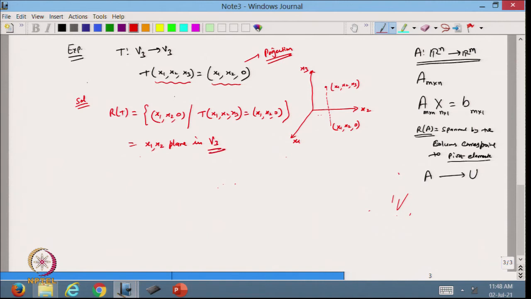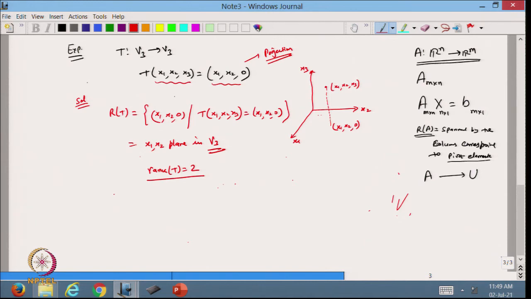That is my whole range space, because for any value of x1, x2, x3 it maps to the same elements except x3, which will be 0. And I can say that the rank will be 2, because it is the x1, x2 plane, which is of dimension 2.